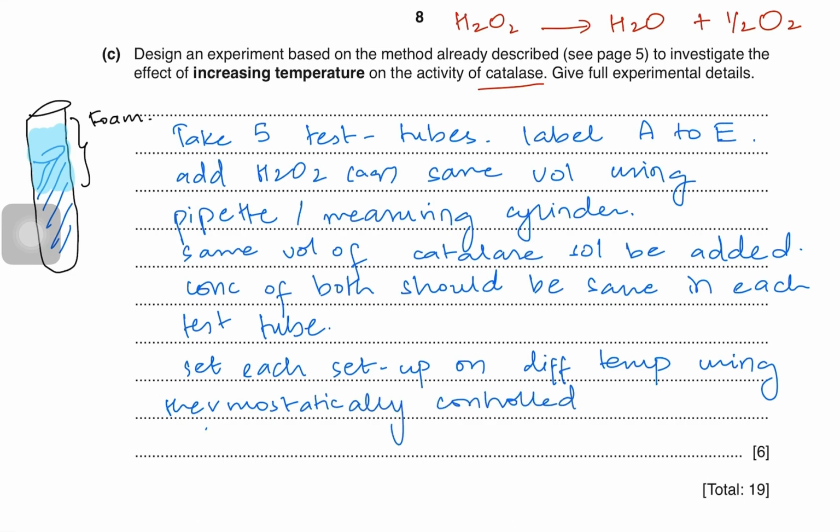Now, when you have talked about it, do mention what kind of temperature range you are talking about. Make it more concrete, like 20 degrees, 40 degrees, 60 degrees, 80 degrees, and 100 degrees.